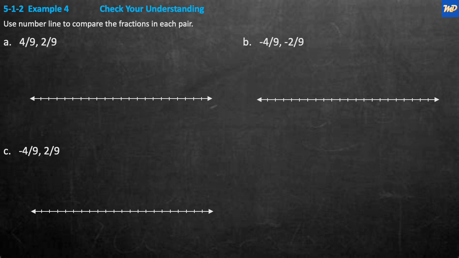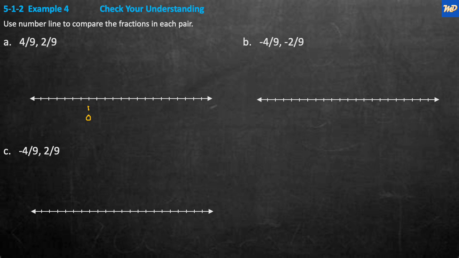The first one says 4/9 and 2/9. Which one is greater? Or we can write it as a greater than or equal, that kind of inequality. So 4/9, so let's break this into ninths. These are all positive numbers, so I'm going to start the 0 down here further. So this is 0. And 1, 2, 3, 4, 5, 6, 7, 8, 9 right there would be where we'd stop.